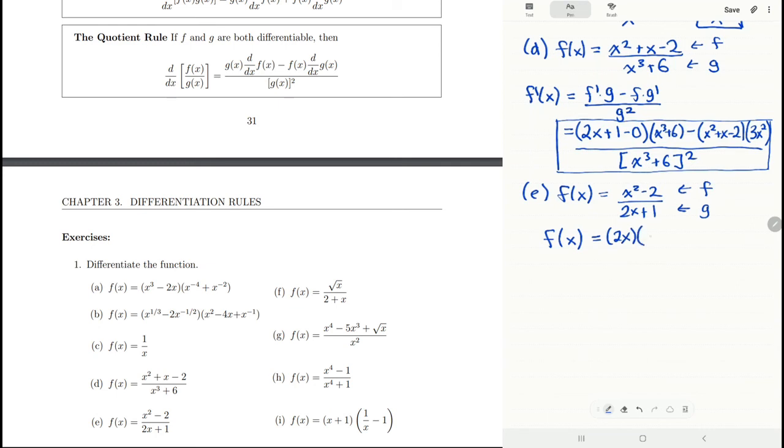We multiply this by g, which is 2x plus 1. We then subtract f, which is x squared minus 2, and then multiply that by the derivative of g, which is 2. And this is all over 2x plus 1 squared.